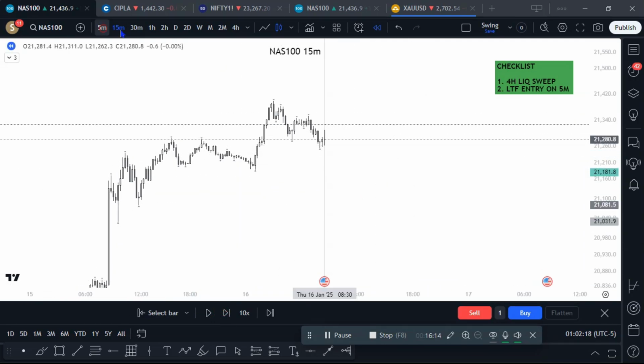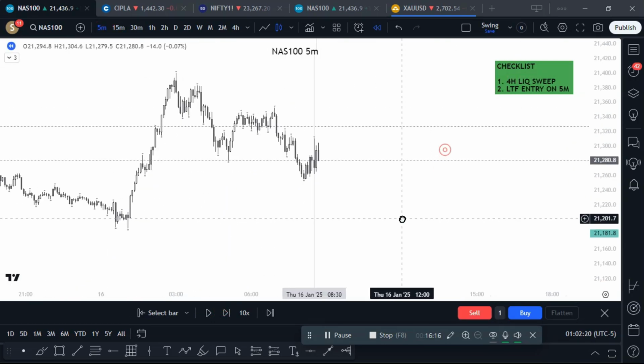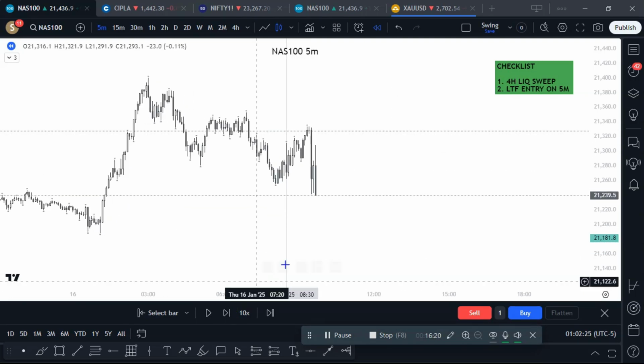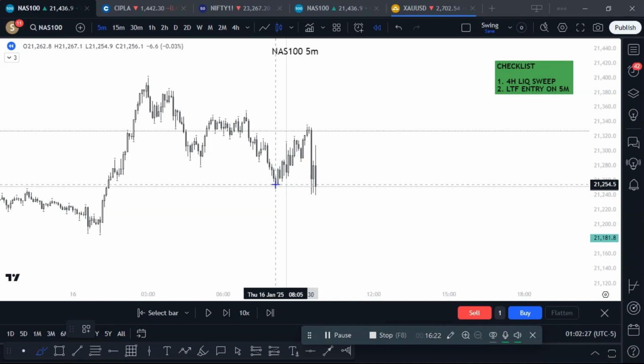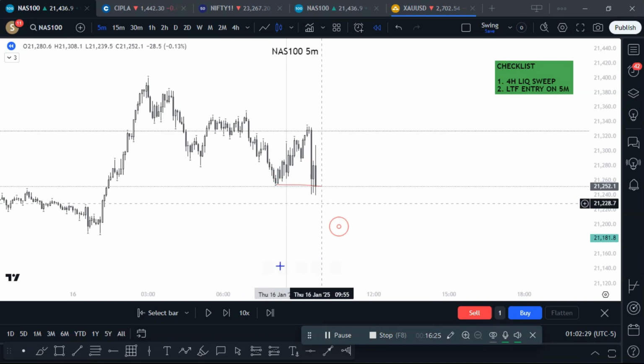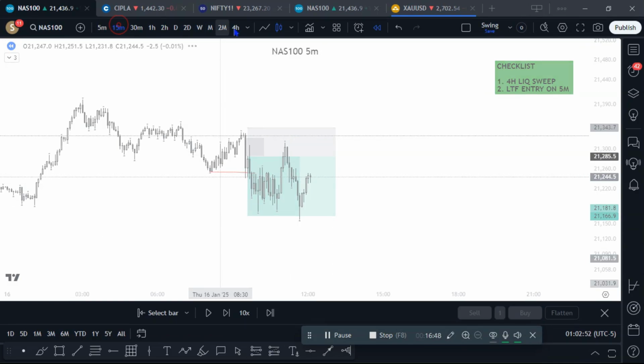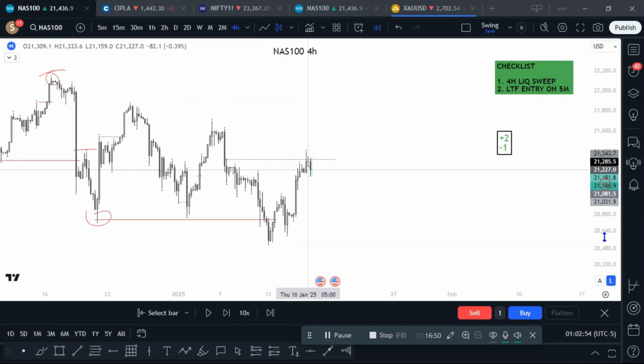Here we have 8:30. We will jump to the 5-minute chart. We need displacement, remember. Boom, here we go. Displacement. Do we have FVG? Yes, we have FVG. So this is the easiest model you can trade.